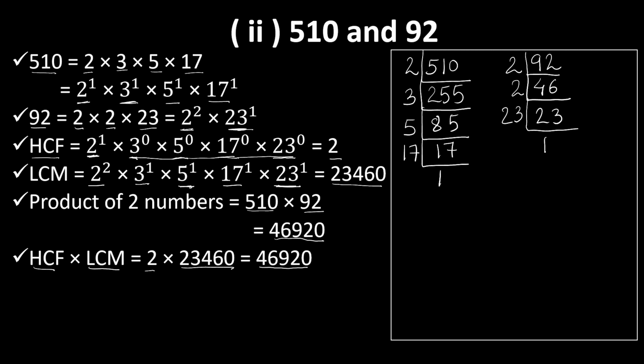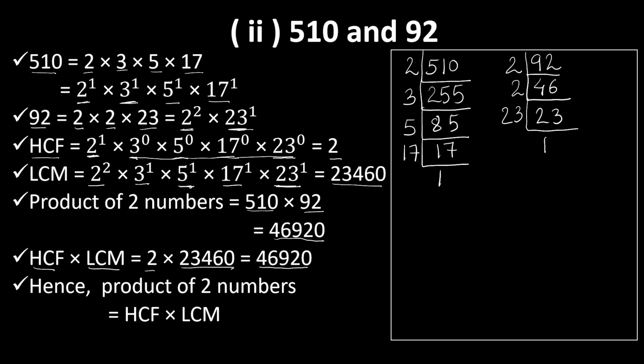We got the same value in the product of the two numbers as well as the product of their HCF and LCM. So we will be writing finally that we have verified that the product of the two numbers is equal to the product of their highest common factor and lowest common multiple.